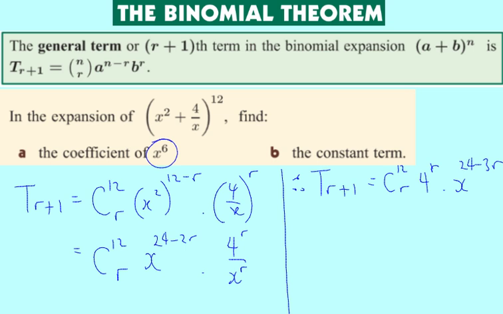Now we want that power, 24 take 3r, to equal 6. So if we let 24 take 3r equal 6 and solve that, we will get r equal to 6 as my answer for r.